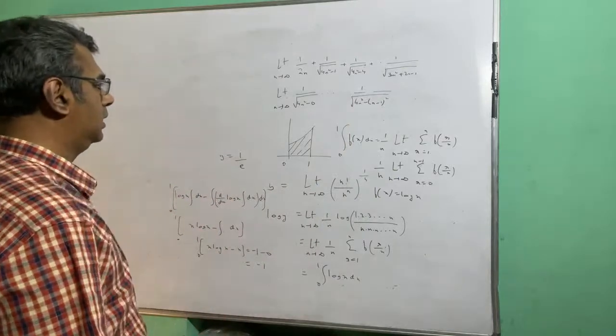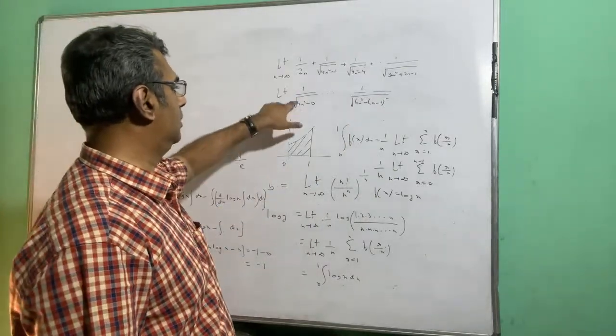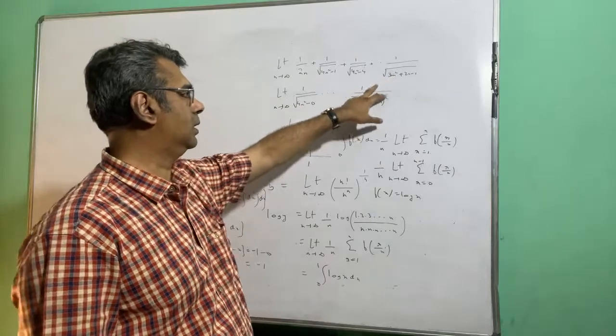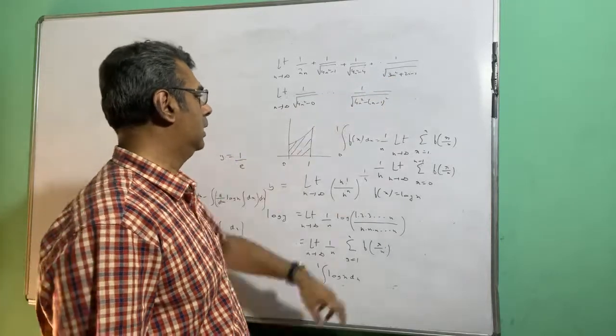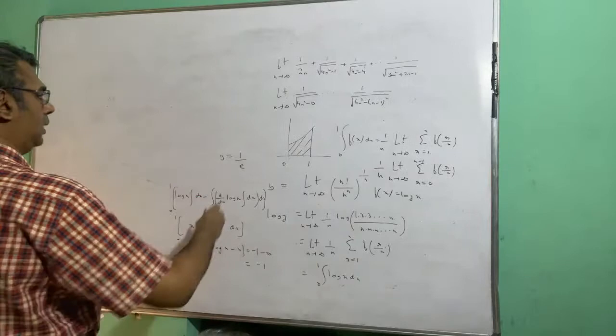So you can see that the first one can be written as 1 by root over 4n square, and the last one can be written as 1 by root over 4n square minus n minus 1 square.